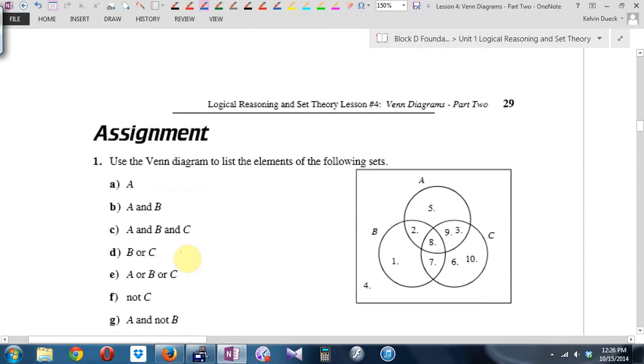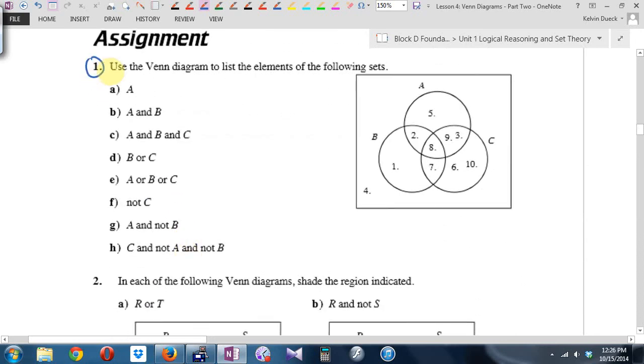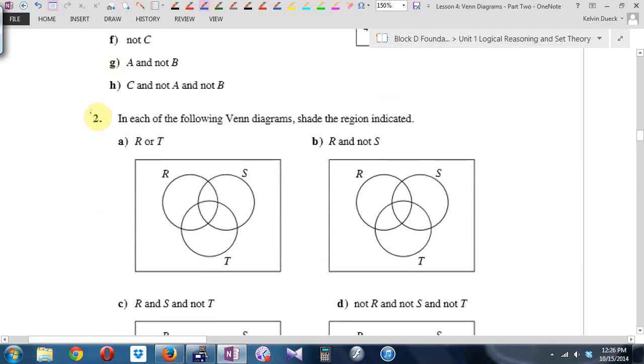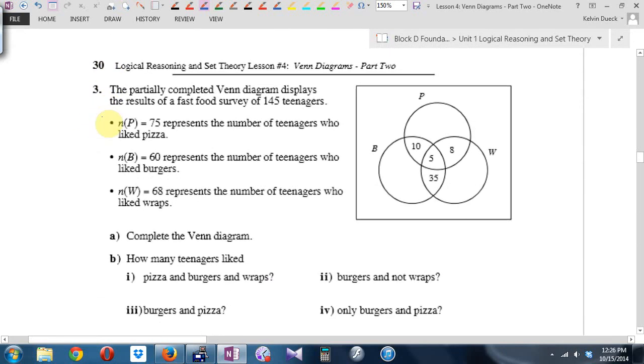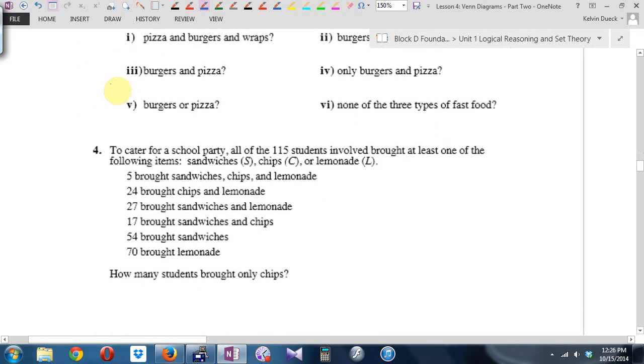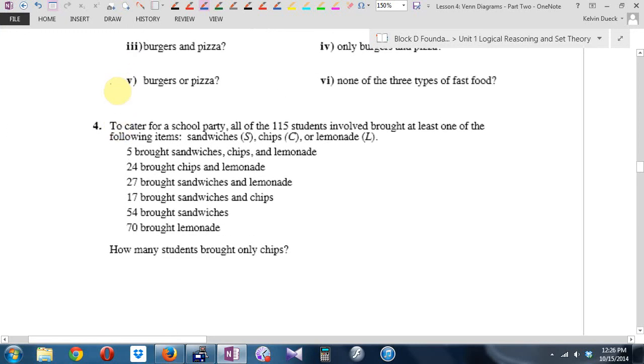Short lesson. What's your homework? Okay. Number 1. Number 2. Number 3. I'm probably going to assign most of this because these look pretty good. Number 4.